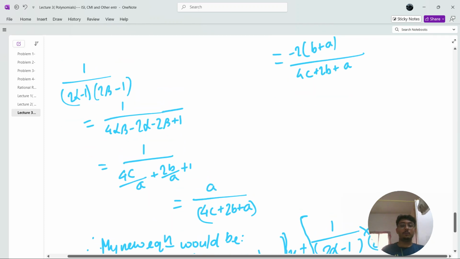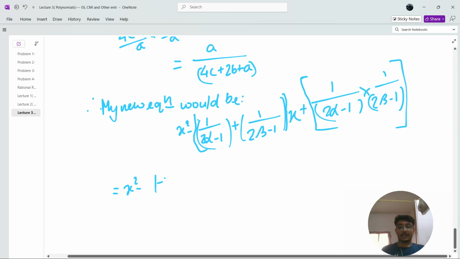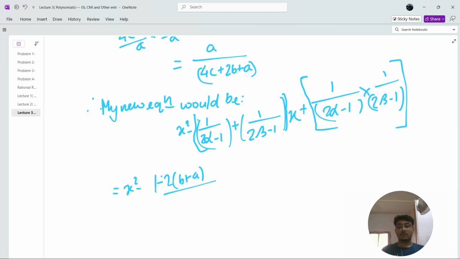Minus 2 into b plus a. So this was minus 2 into b plus a by 4c plus 2b plus a of x plus my constant term, which was the product of the roots, that was a by 4c plus 2b plus a, equals 0.